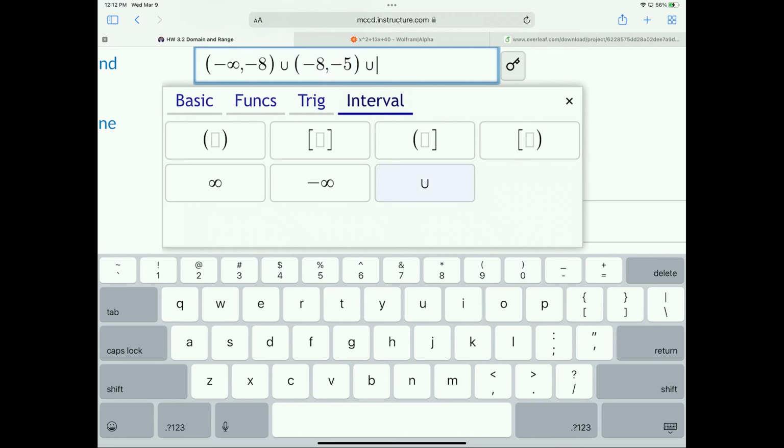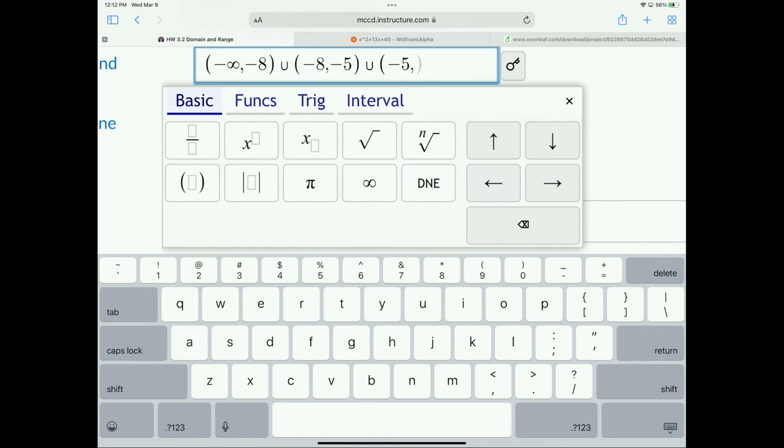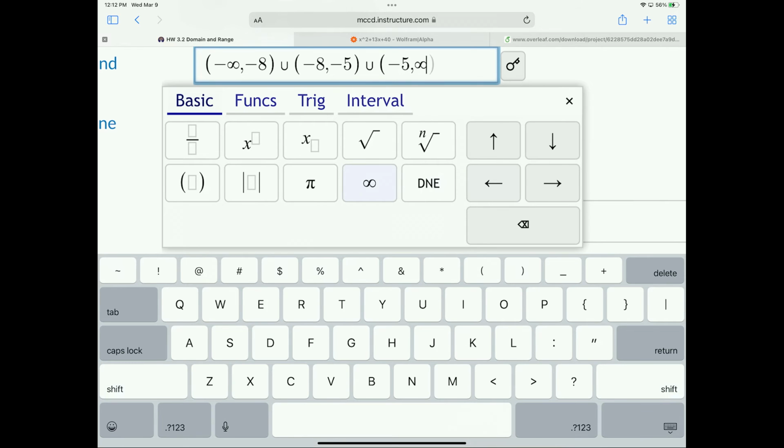Okay, finally. Union. What do we need? We need -5 up to infinity.